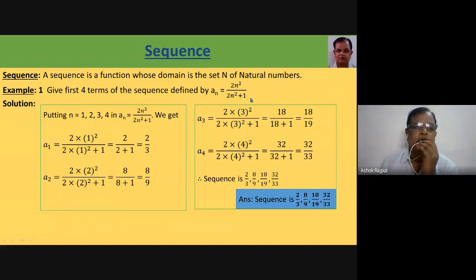As explained already, we put n equal to 1, 2, 3, 4 because we want to find the first four terms.